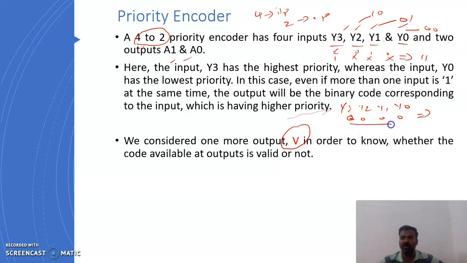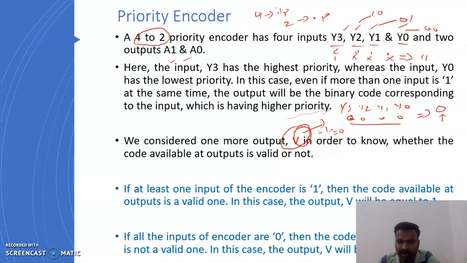If all 4 inputs are 0, the output will come as 0. To indicate this, we use one valid output V. If any one of the inputs is 1, V is equal to 1. If all 4 inputs are 0, then V is equal to 0. Let's have a look at the truth table.